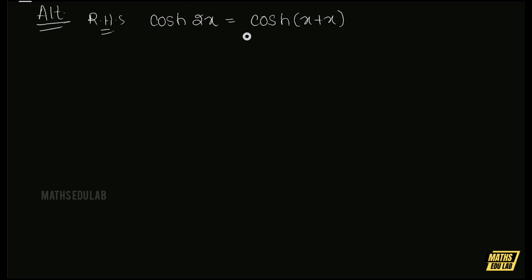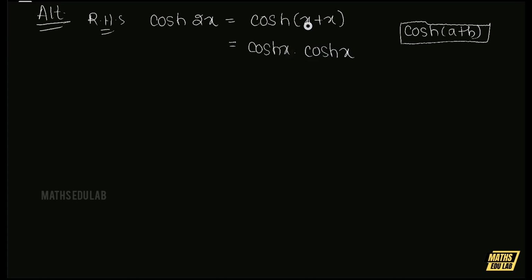Then here I will use the cosh a plus b formula, that is cosh x into cosh x, since only x variables are present, plus sinh x into sinh x, which is equal to cosh square x plus sinh square x.